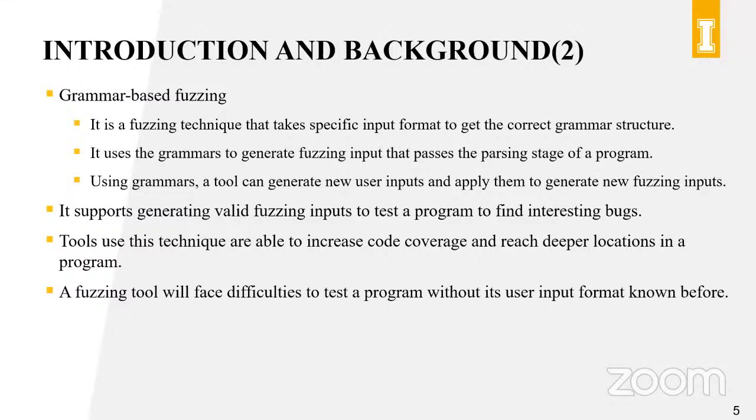Then we use the grammar extracted from the sample input to generate fuzzing input, which has to pass the parsing stage of the program.